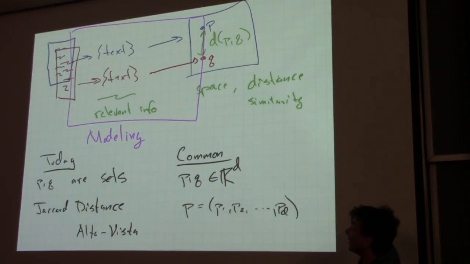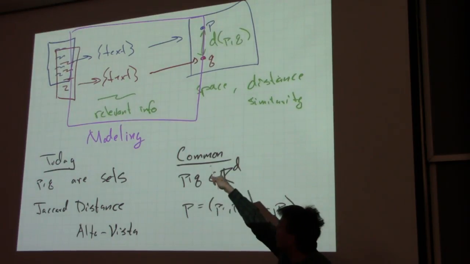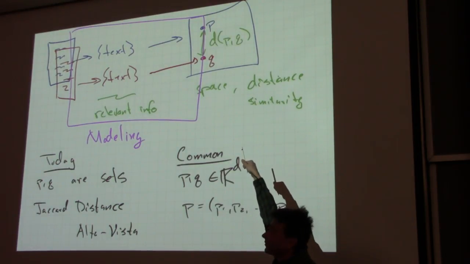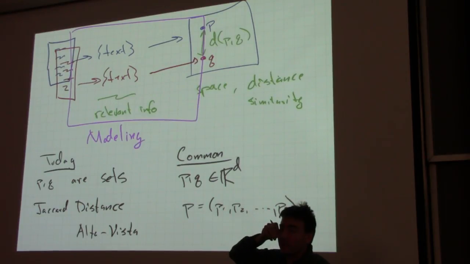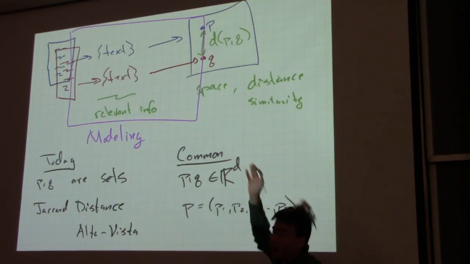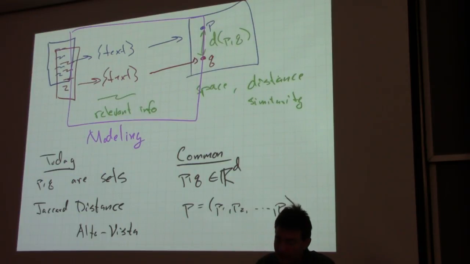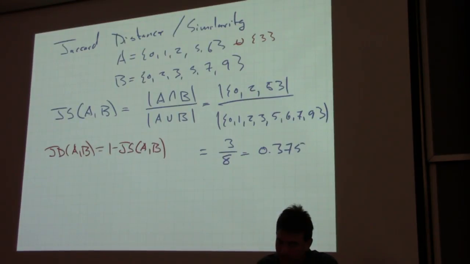I'm going to take the documents as text and somehow convert them into sets, and then I'm going to define a distance between them, and I can choose the Jaccard distance. But once I have them as sets, there are lots of other possible distances I could use. There are lots of different types of distances between sets.